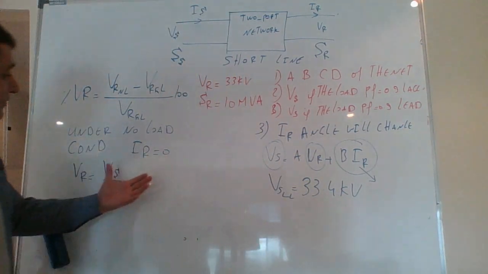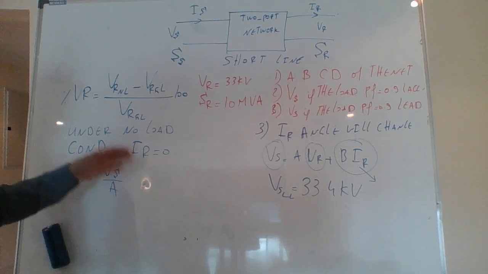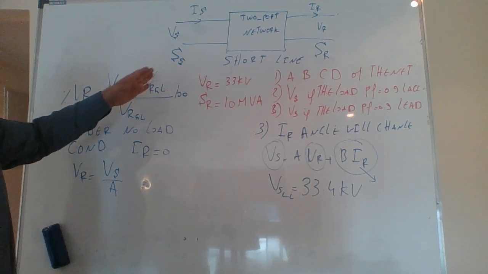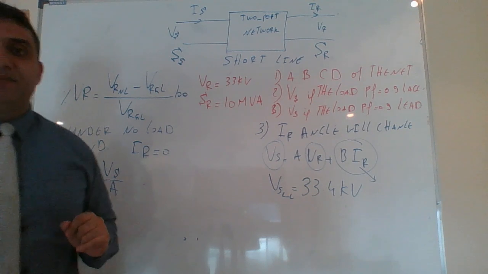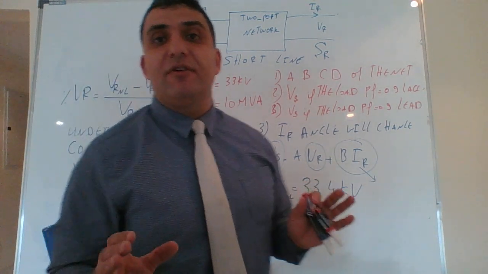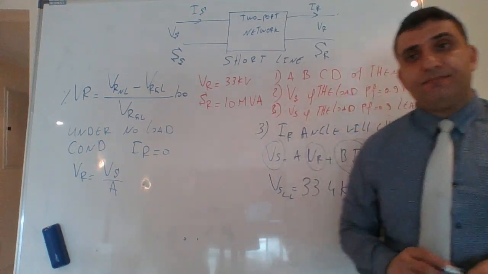That's why every single system has a voltage regulation capability. VR is equal to voltage received at no load minus voltage received at full load, divided by voltage received at full load, times 100. And that's basically all we need to cover at this point of time for a short transmission line.